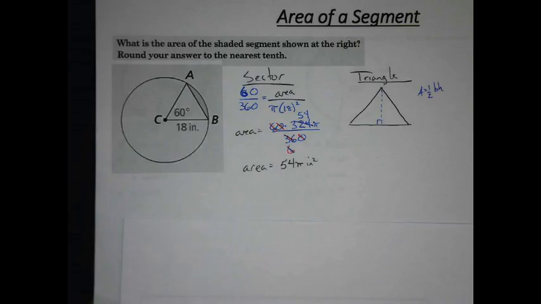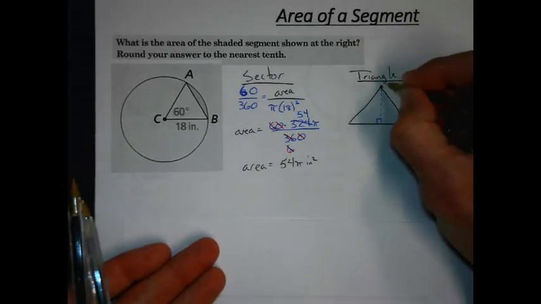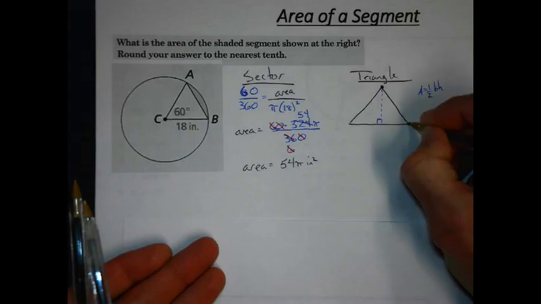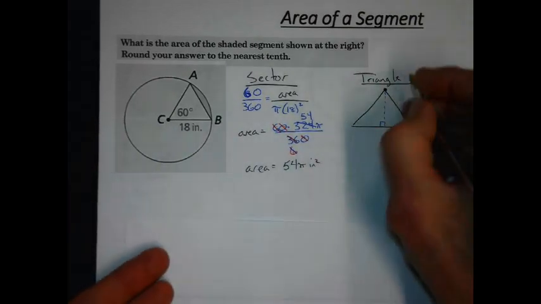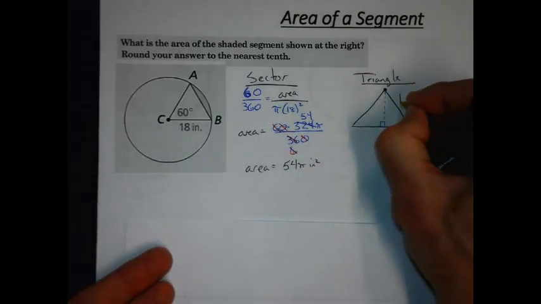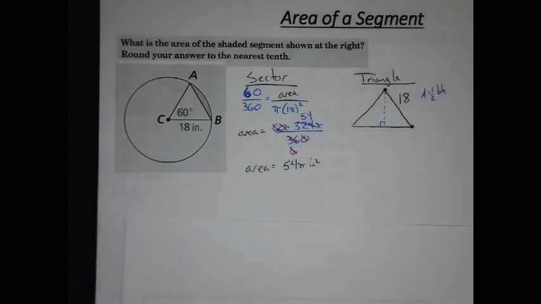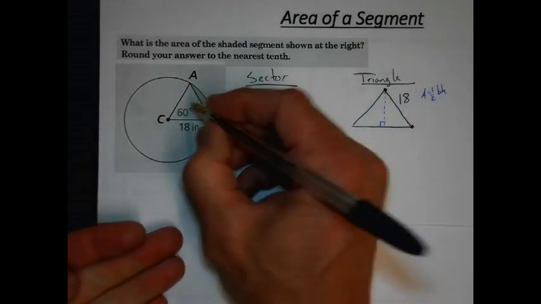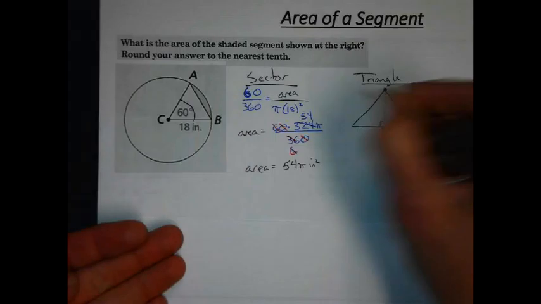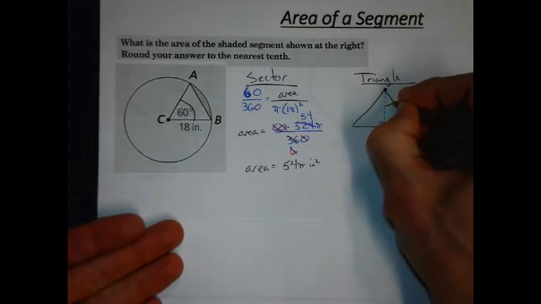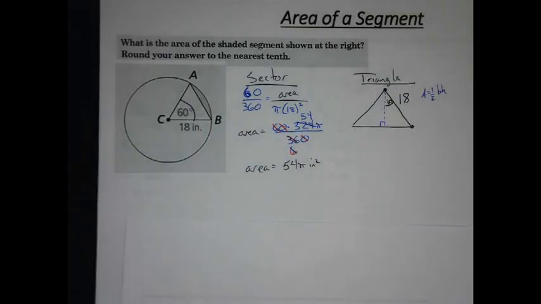In our pop-out right triangle, if this is the center of the circle and this is one of the points on the circle, we know our radius is 18 inches. We also know that if the central angle is 60 degrees, then half of the central angle is 30 degrees, and then we have everything we need because we are dealing with a 30, 60, 90 right triangle.